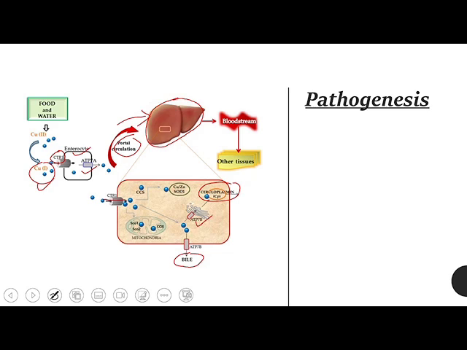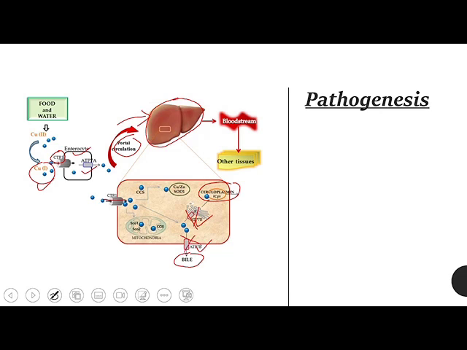And in this Wilson disease, there is a loss of function of this ATP7B gene, and if this happens, then both pathways will be impaired.